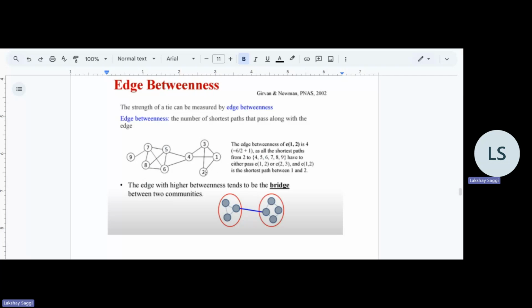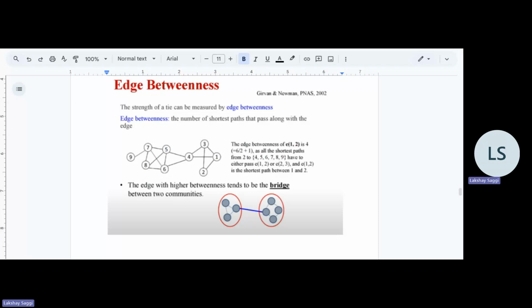This edge only occurs in these pairs; you can verify this yourself. In this graph, 2 comma 1 appears in shortest paths for only these pairs, so the edge betweenness for this edge is 6 by 2 plus 1, which is 4.